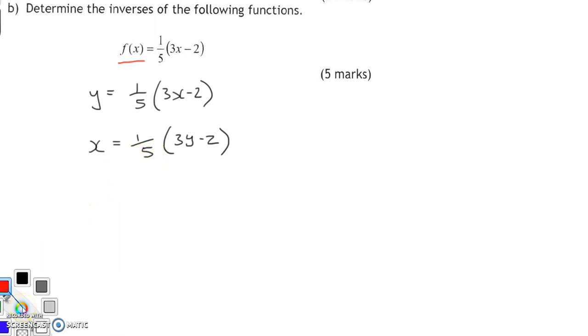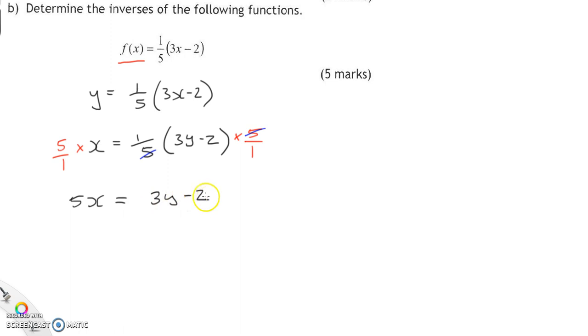I'll multiply the right by 5, which is the same as multiplying by 5 over 1, and I'm going to multiply the left by 5 over 1. On the right hand side, the 5's will cancel, and we'll be left on the left hand side with 5 times x equals 3y minus 2.